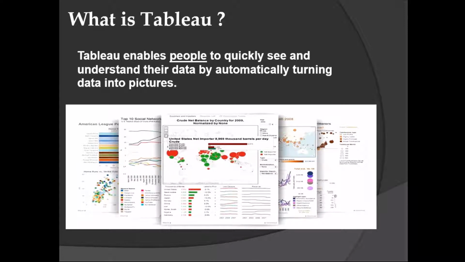They are very sophisticated, very clear to understand, and interactive, using different types of charts like graphs, maps, lines, and so many things. I'll take you through them one by one later. So these kinds of dashboards we can create using Tableau.